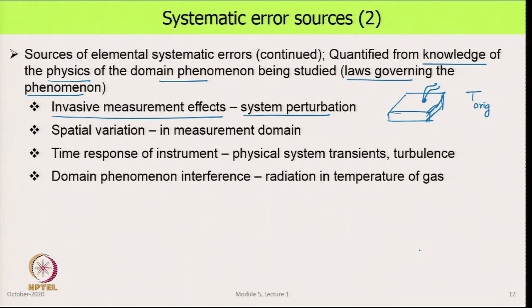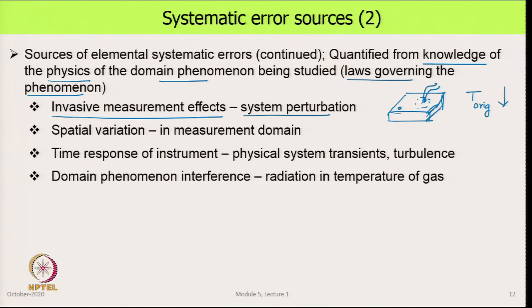The moment we put a thermocouple on it, if this was hotter than the surrounding air, this will conduct heat, and locally it will suppress the temperature, and you would find that some space around this, the temperature is less than the temperature far away.